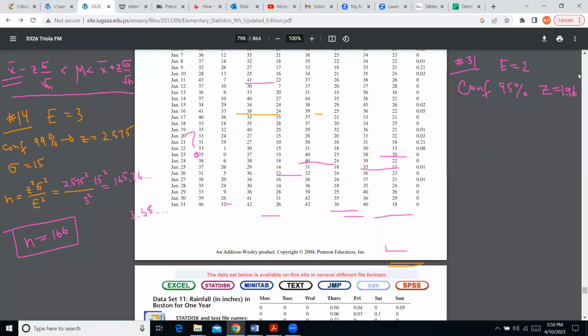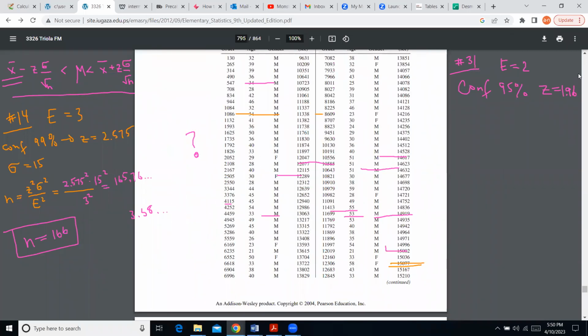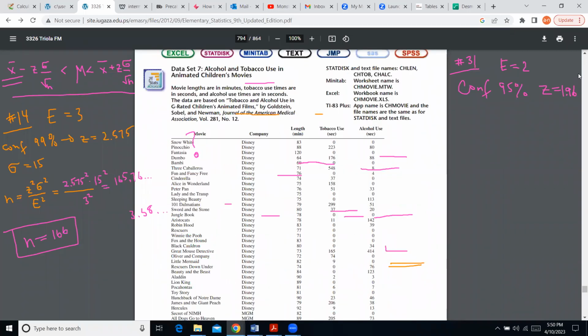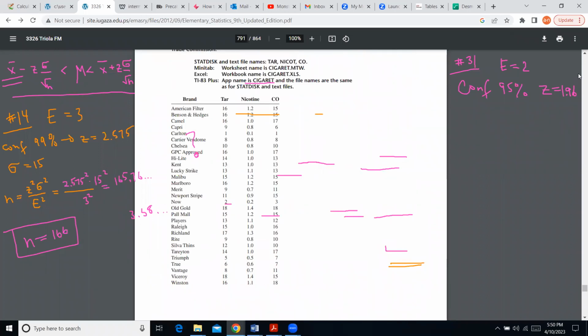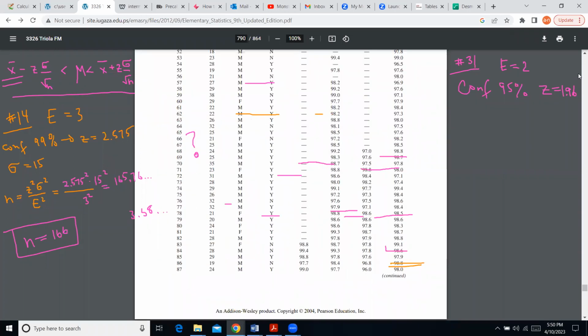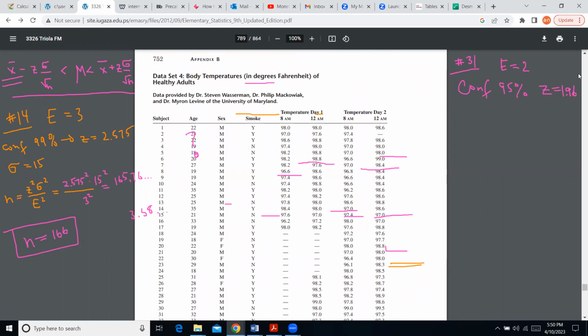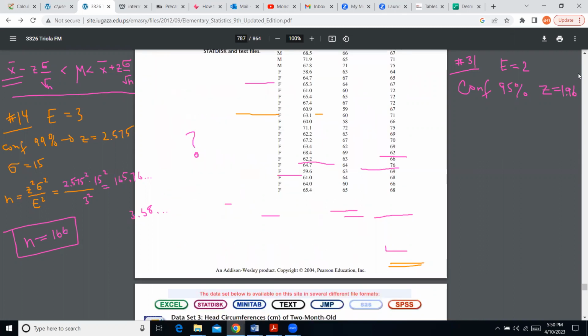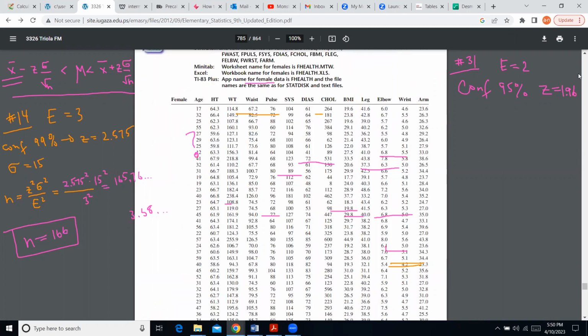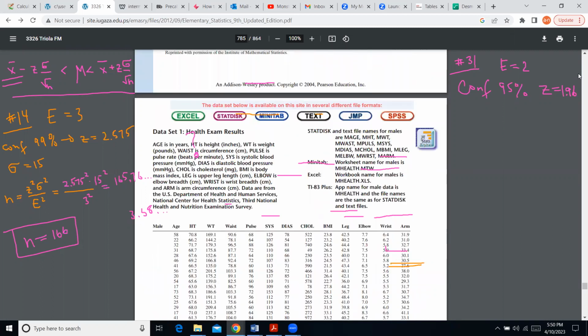So they say, look at data set 1. Okay, let me look at the data set 1. That's even more interesting because we never worked with these data sets. I always told you to skip them, but now we can actually take a look at that data set for a change. Why not? So they say it's the very first data set, health results. So they're looking at the number of males here.